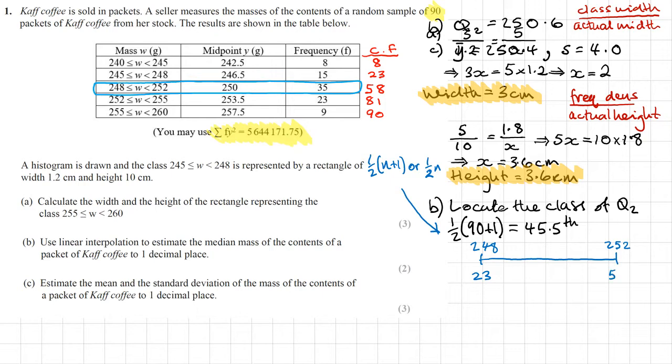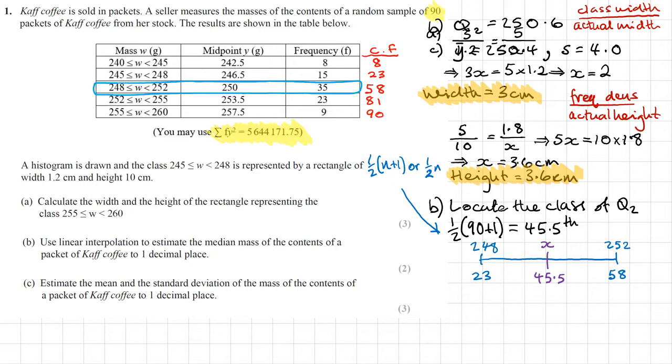Now I know the frequency of my middle number, and that's 45.5, and I want to find this missing value. I know we're using x's for all of these, but they're all different. Like the previous part, I can use ratios to estimate this value. Well, I'll find the exact value, but what I'm actually doing is estimating the median.